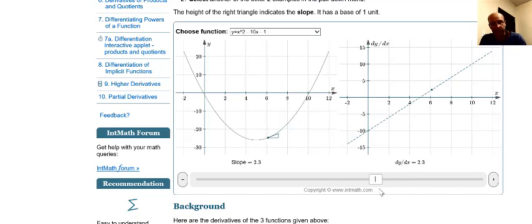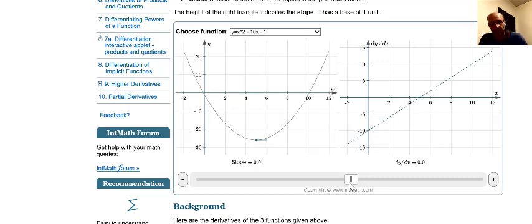Here, if we go down to the bottom, the minimal part, the slope is 0. Did you see where the little dot on the derivative goes when this gradient is equal to 0? It's going lower, lower, and it's on 0 on the y-axis.